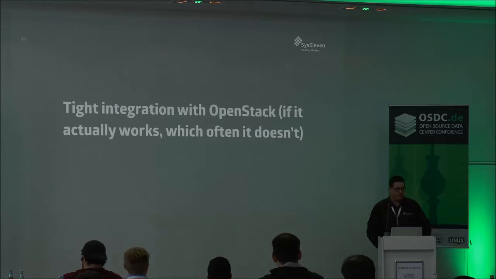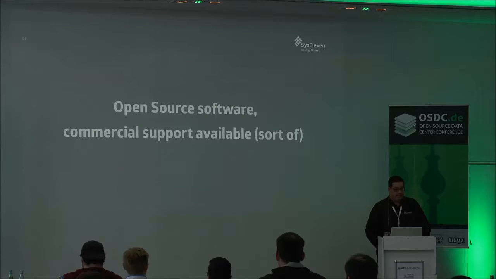If it actually works, the OpenStack integration is great. So they have a separate module for the OpenStack networking service Neutron, and you can just load that module, and it's actually going to do what you expect it to do, at least most of the time. If all the other OpenContrail components work, of course, which many times they don't. And you have open source software at its core. OpenContrail is available as open source software.